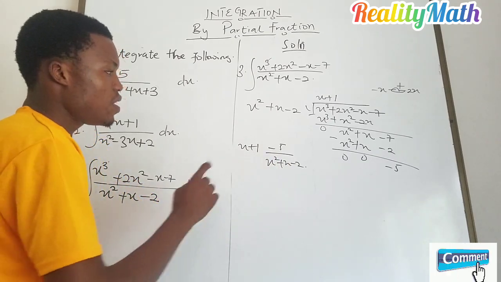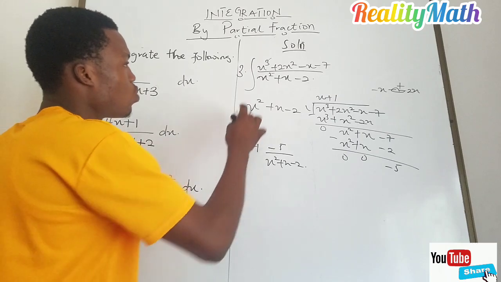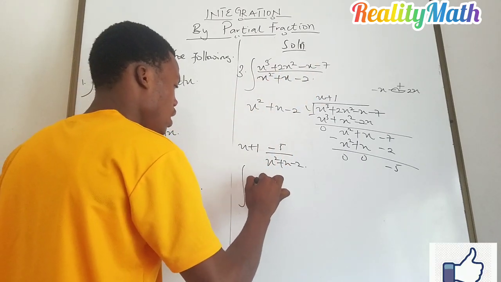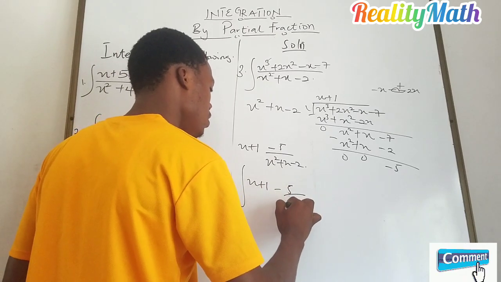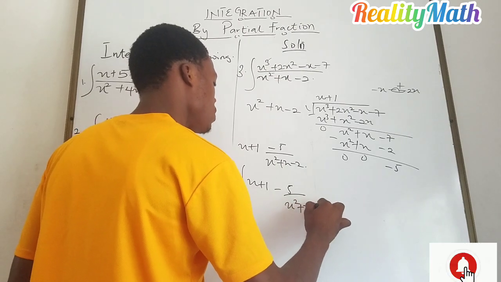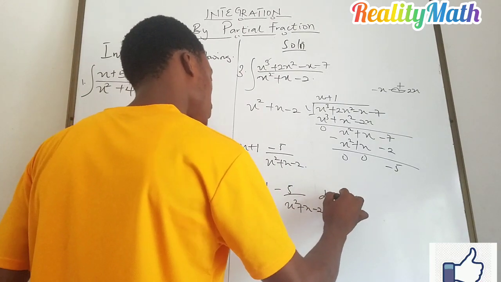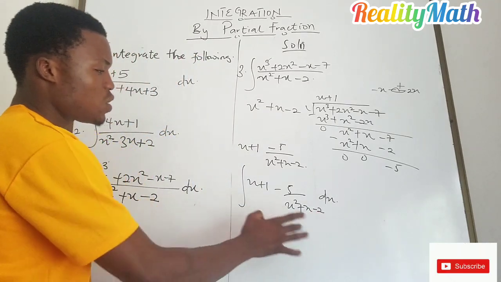Okay, so if this is our remainder, what do we do? It means that we can rewrite the whole of this into x plus 1 minus 5 all over x squared plus x minus 2 dx. So this is what we are having. But now we know that we can split it.